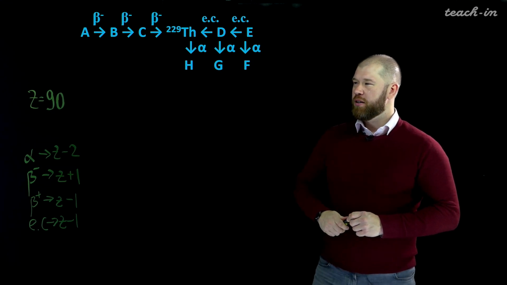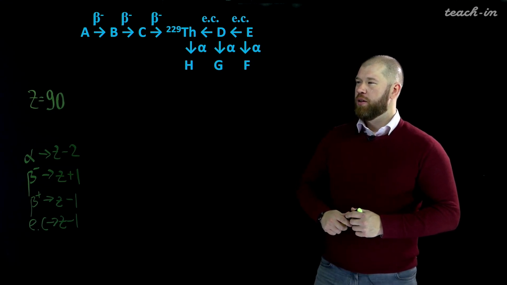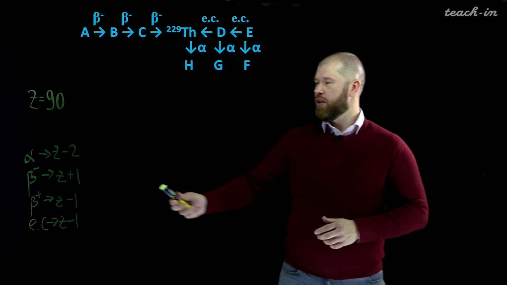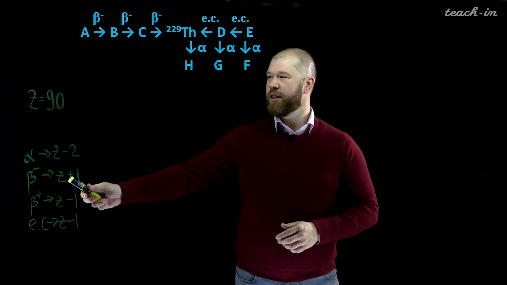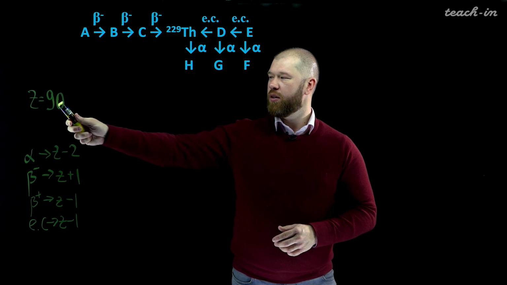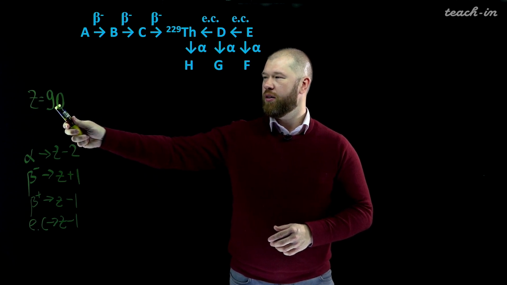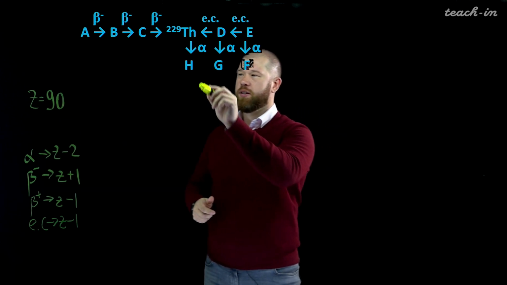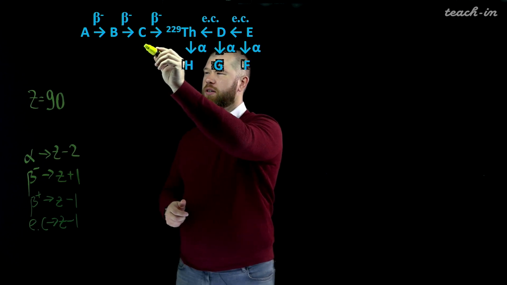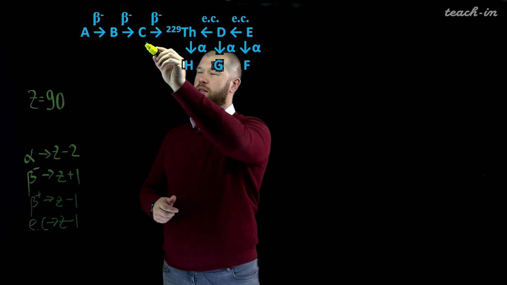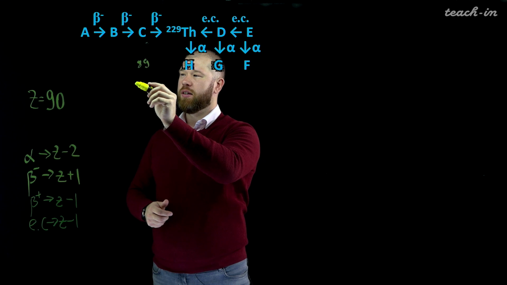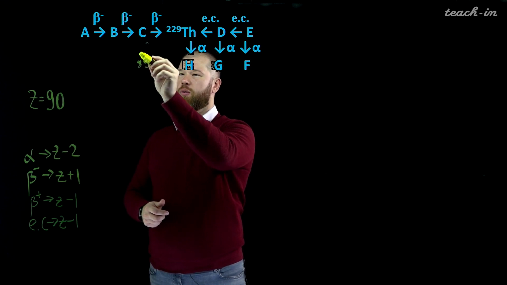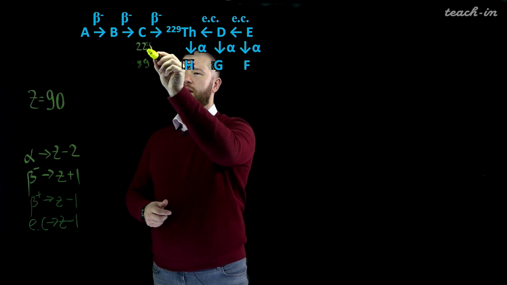That is the beta minus decay. So that means that the charge of the nuclide was increased by 1. So previously it was another nuclide with the charge 89. And thus we can write, that C is something with the charge 89, and the mass is the same as it is for thorium, so it is 229.